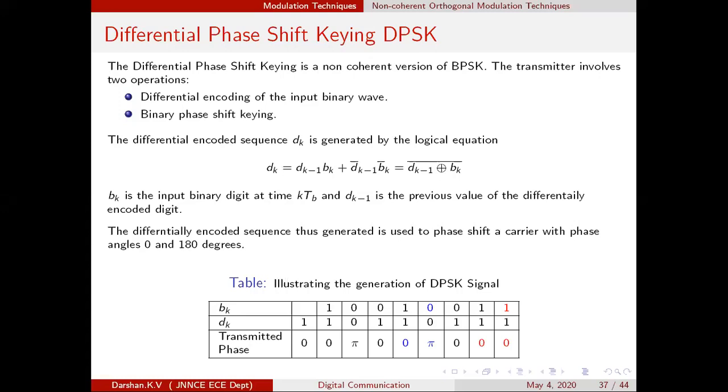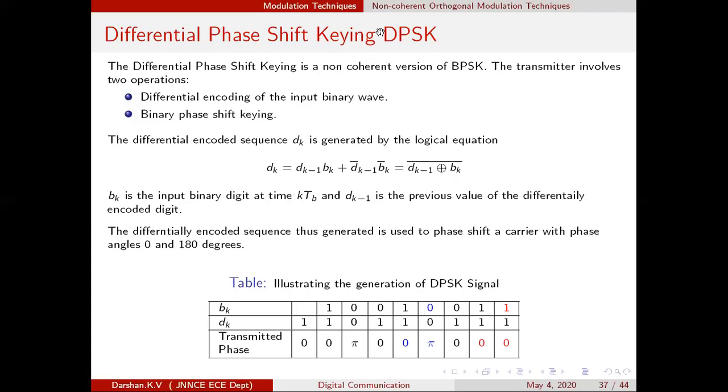The DPSK system is mainly designed for non-coherent detection. You are supposed to keep that in mind, and we will just bother about the receiver design.